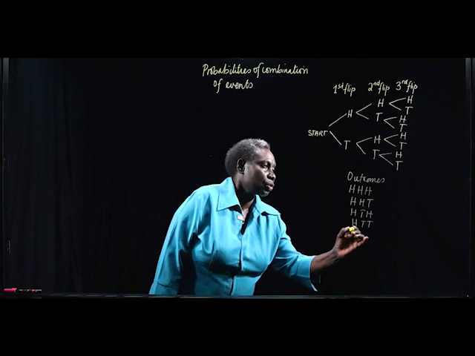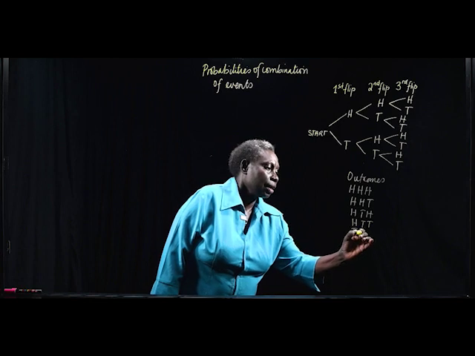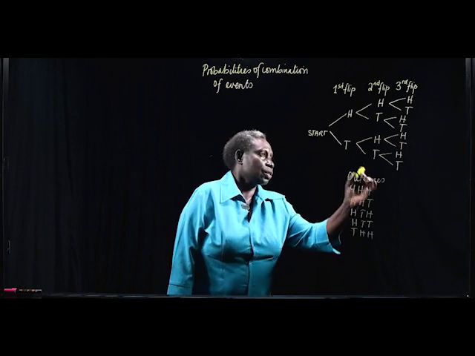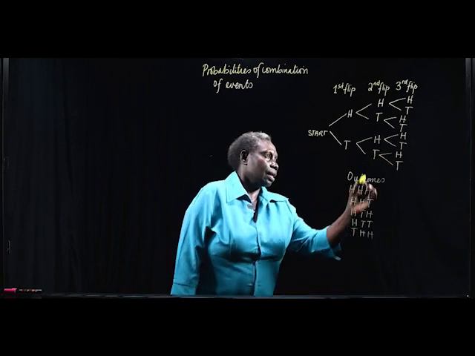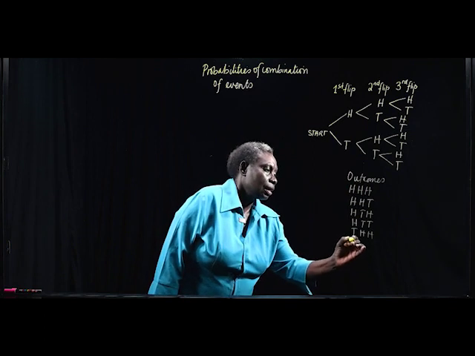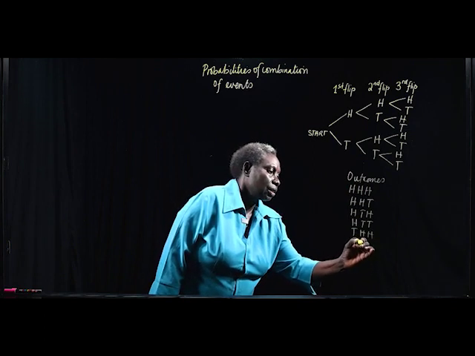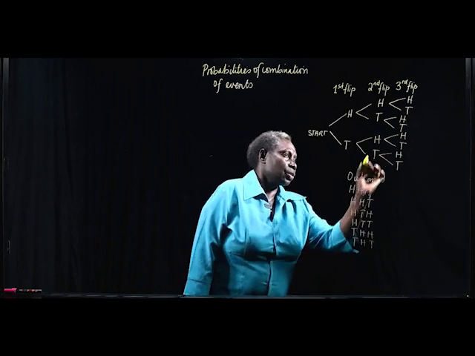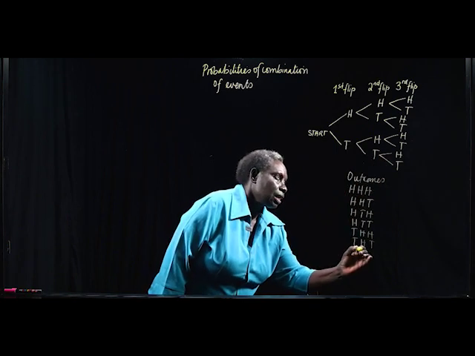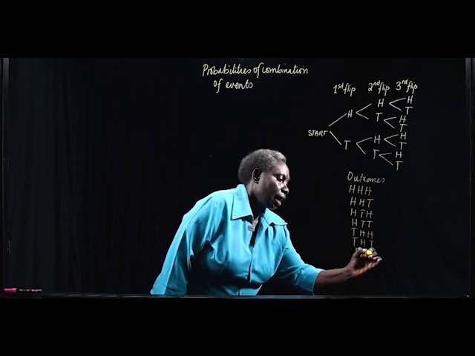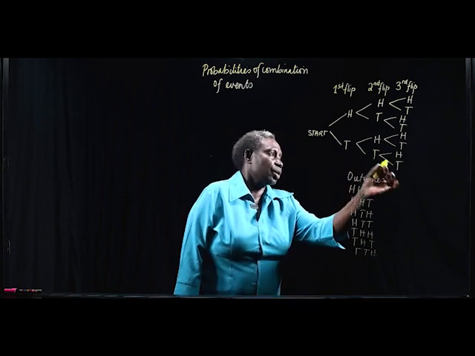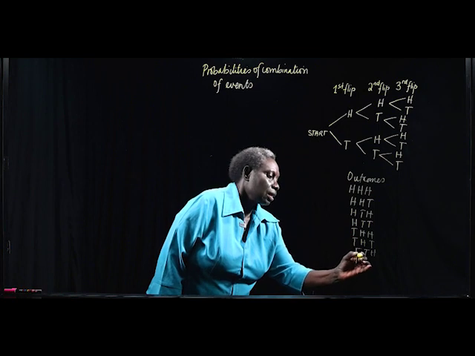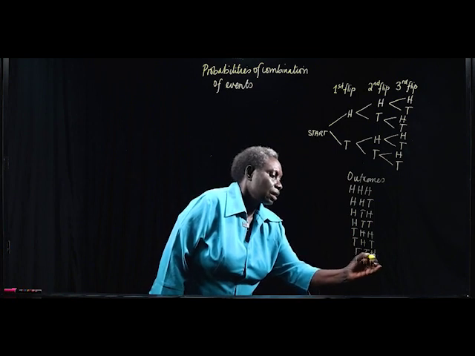For the T branch, we have the first branch, which has T, H, H, and then the next branch, which has T, H, T, and then we have this branch here, which has T, T, H, and the last branch, which has T, T, T.